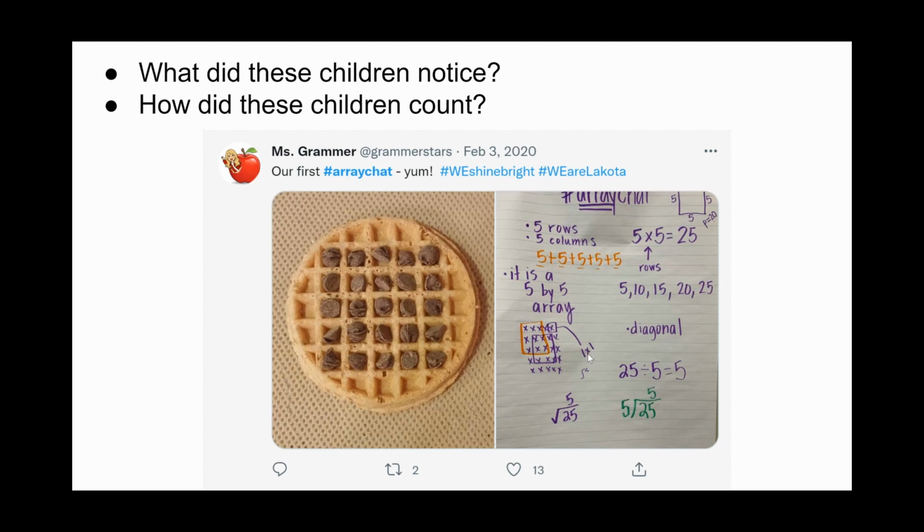And we see some much higher level thinking here of squaring the 5. So we see evidence of multiple levels of thinking, and we see the students being able to connect to each other and bounce ideas off of each other.